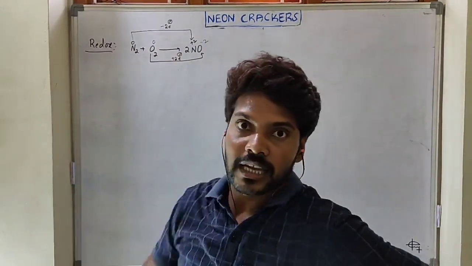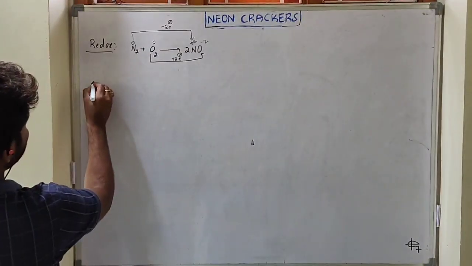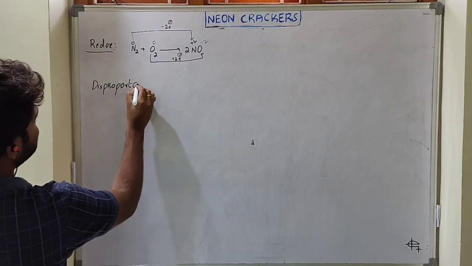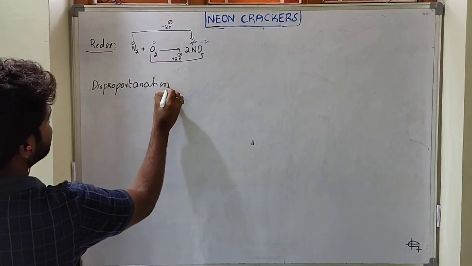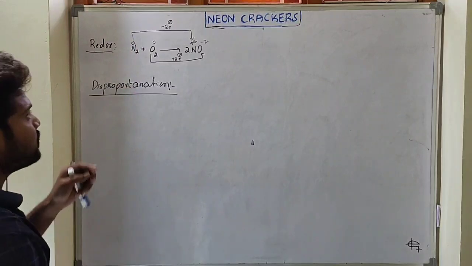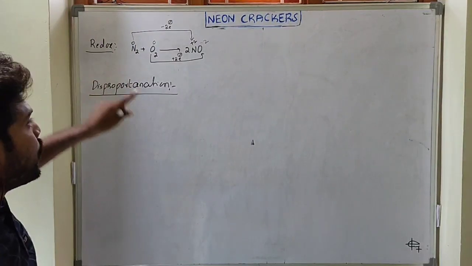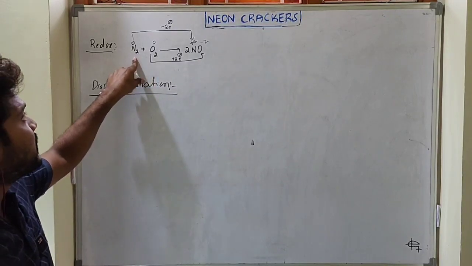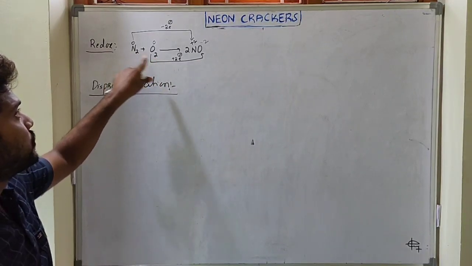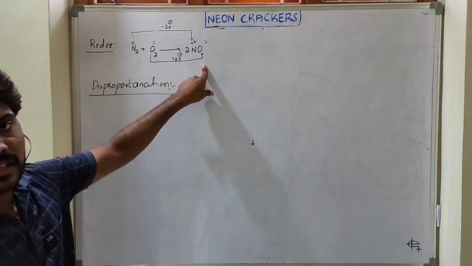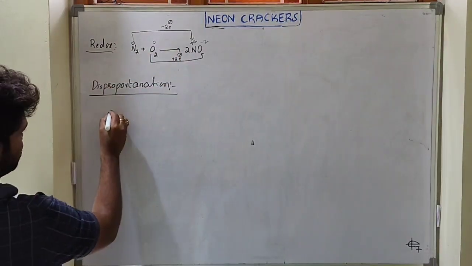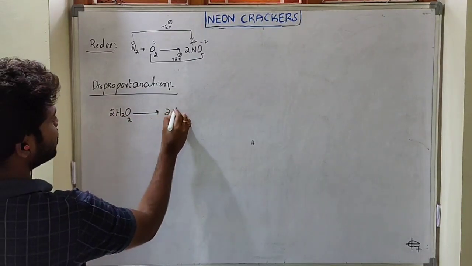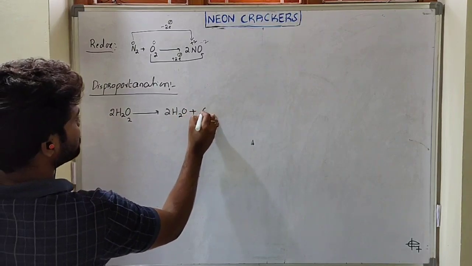Next one, disproportionation reaction. This is also under redox reaction, but what is the specific condition? Only one substance undergoes oxidation and reduction. Whereas in a normal redox reaction, two individual substances are involved, one undergoes oxidation and another undergoes reduction. That is the difference. Suppose you take one example, decomposition of hydrogen peroxide, which is an example of a disproportionation reaction.